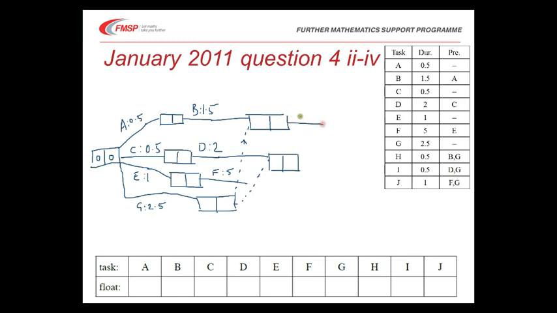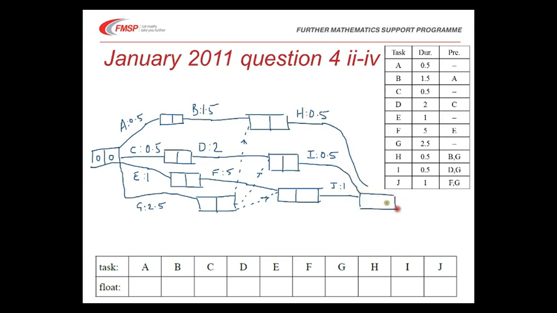So this here was for activity H, which was 0.5, and this here is for activity I, which is 0.5, and finally J required F and G, so again down here a dummy, a 0 length activity onto the end of F, and J of length 1 can run off this, and then all of these can tie down into a single final node. So that's part 2, that's our activity on arc network.